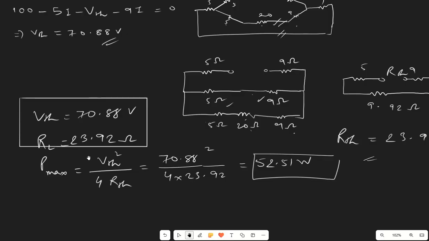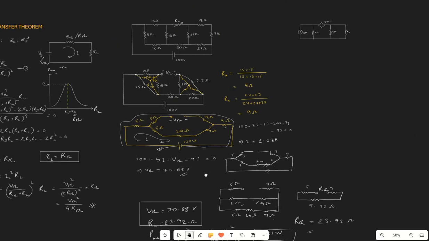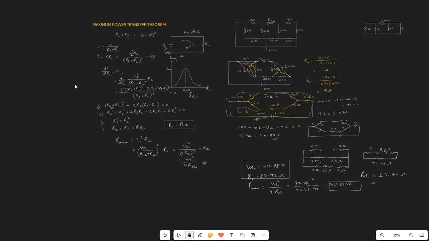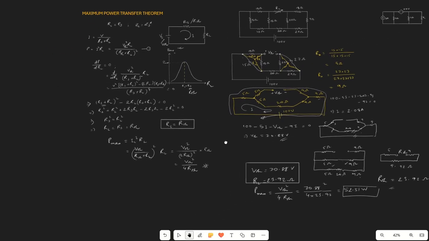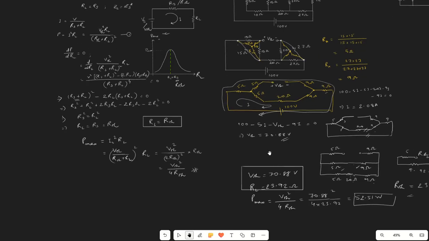So I hope you have understood up to this, and this is very much easier. Like in Thevenin theorem, the first part for maximum power transfer theorem is to convert the circuit into a Thevenin circuit and then apply the maximum power formula, which is VTH square divided by 4 RTH. So that's it.